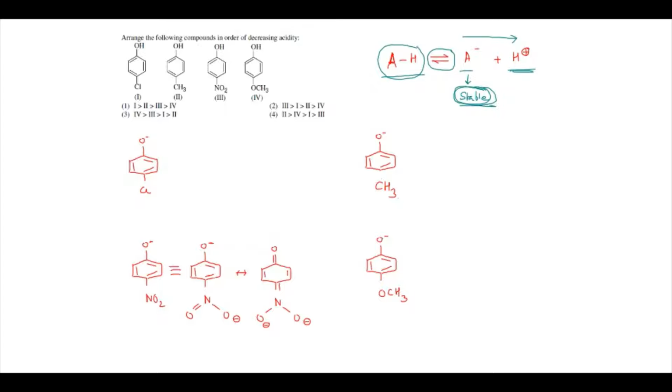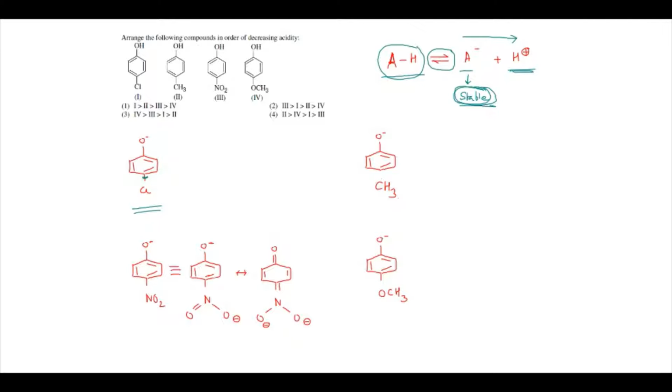Now, we have to compare the stability of various conjugate bases involved in this case. The conjugate base of compound 1 in this case is this one. That means an anion where the para position is substituted by chlorine, and we know that chlorine is an electronegative atom, so it will withdraw the electron towards itself.